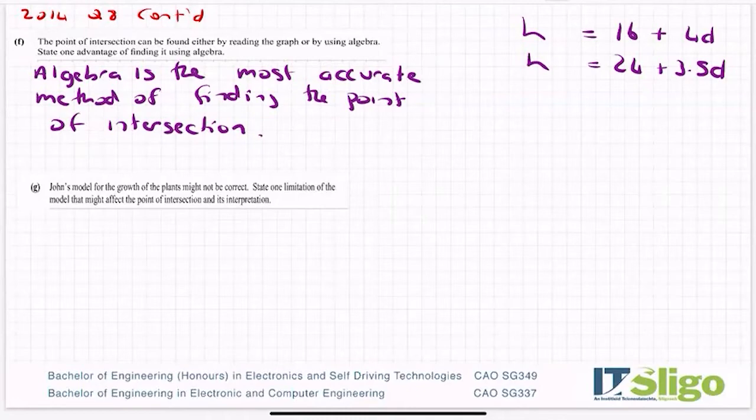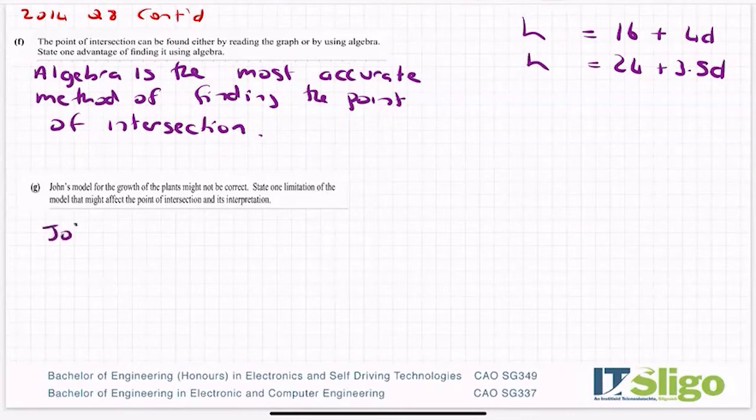If you think common sense wise, does a plant grow at the same rate every single day for 28 days? No, it just might stop growing. You might forget to feed it, you might forget to water it, or it just might naturally not grow at the same rate every day. And of course that's going to affect the heights of either plant.